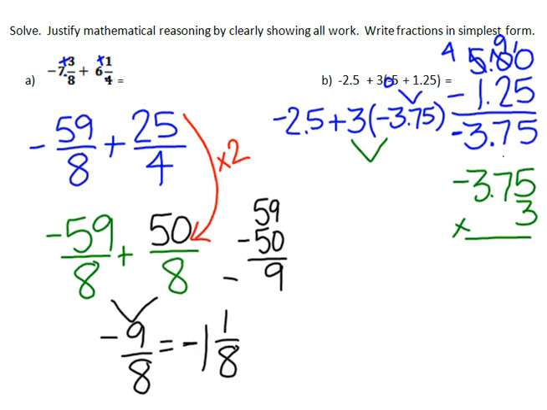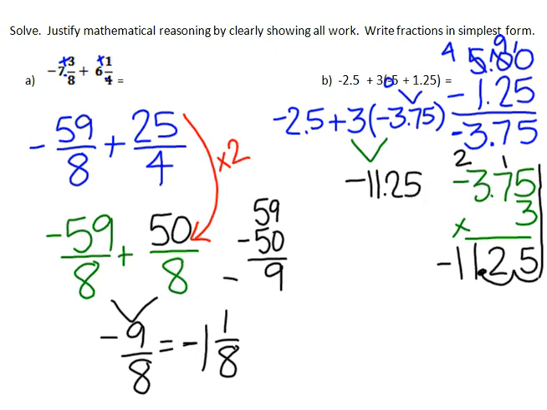So 3 times 5 is 15, 3 times 7 is 21, plus 1 is 22, 3 times 3 is 9, plus 2 is 11. Okay, we're going to count over 2 places. It's over a total of 2 places to put the decimal. And a negative multiplied by a positive is a negative. So we get negative 11 and 25/100. And then bring everything else down.